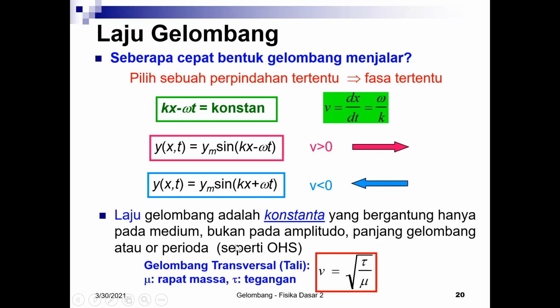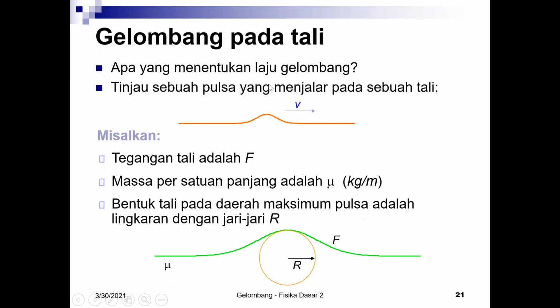Okay, we have derived that the propagation velocity of the waves is the square root of tau over mu. So this is the derivation.